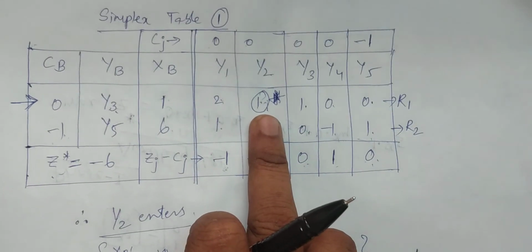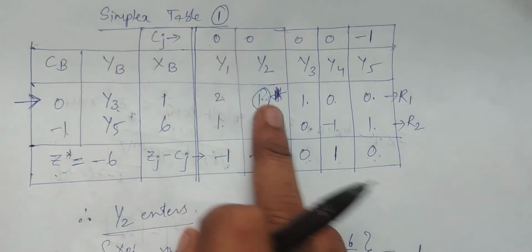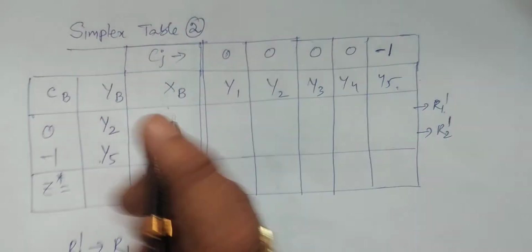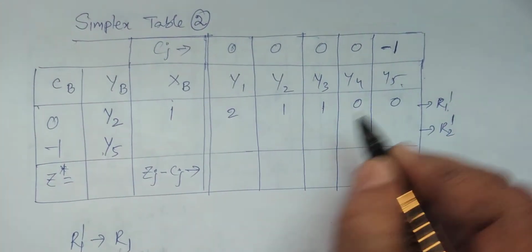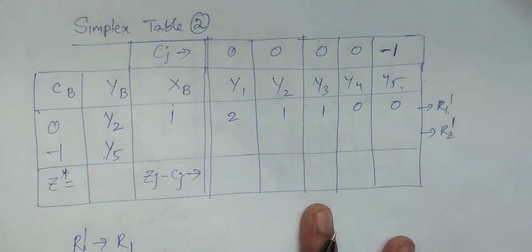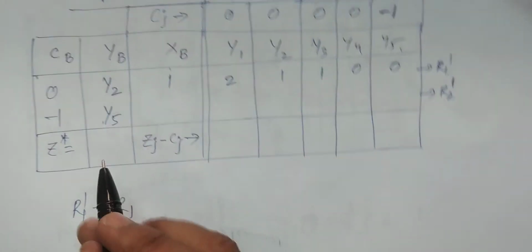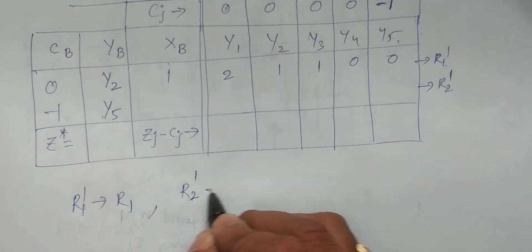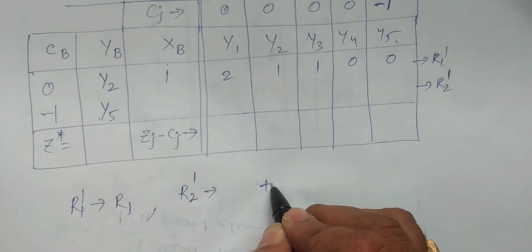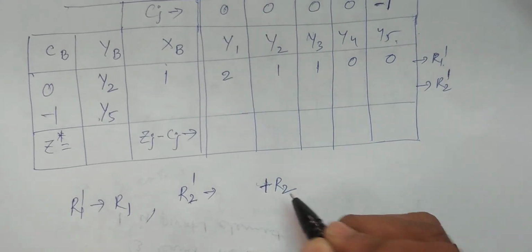So R1 dash is R1: 1, 2, 1, 1, 0, 0. These are the elements in R1 dash, since R1 dash is R1. And then R2 dash, I have explained many times, is plus R2.